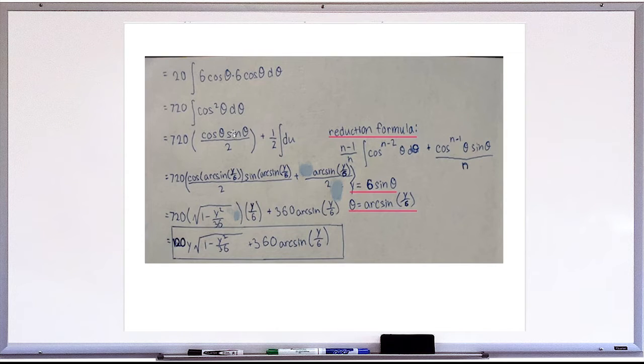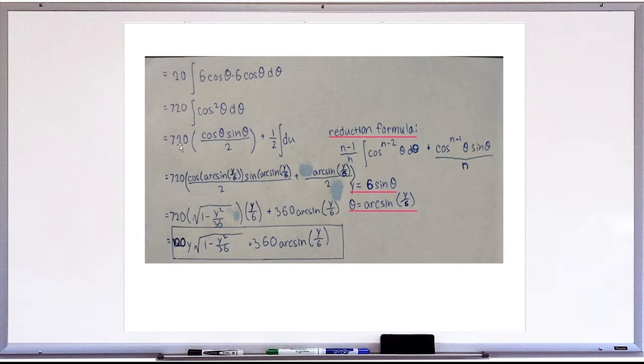On the next slide, now we have 6 cosine theta times 6 cosine theta d theta. Remove the constants: 6 times 6 is 36, times 20 is 720. Now we multiply the cosines together, and now we have cosine squared theta d theta. Now we're going to get the integral of that.